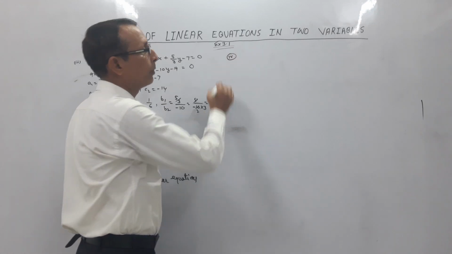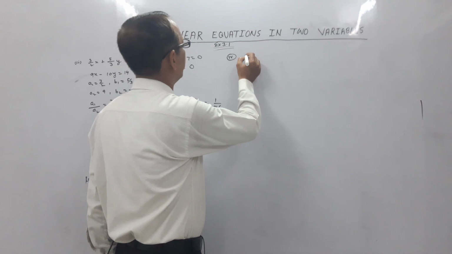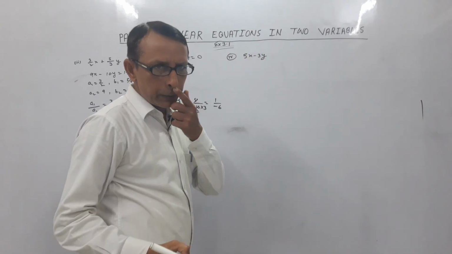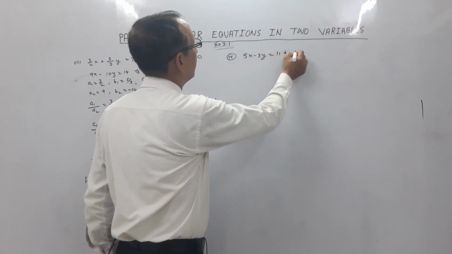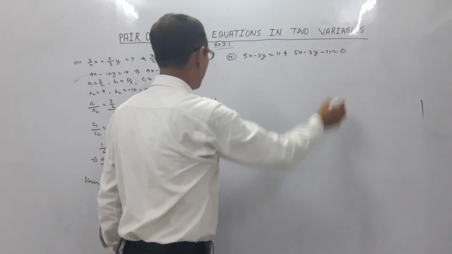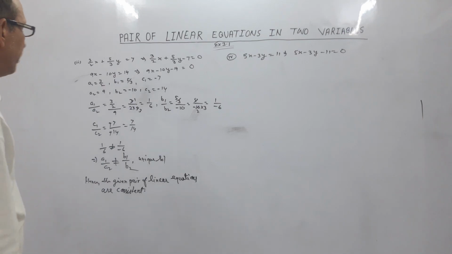Now question number 4. 5x minus 3y equal to 11. Then implies 5x minus 3y minus 11 equal to 0. Okay.